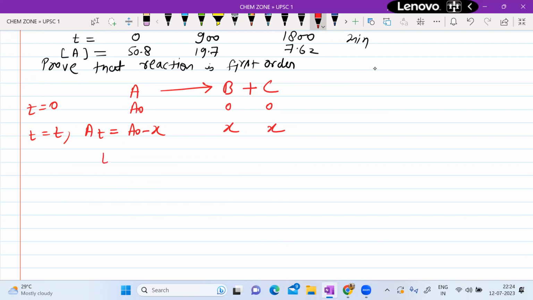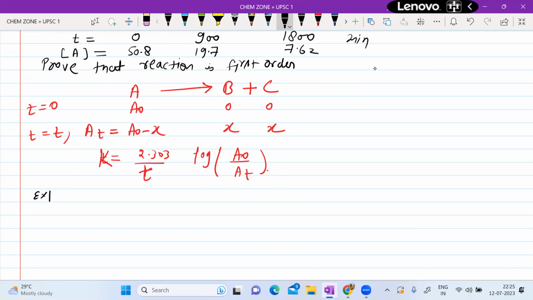Now, as we know, if the reaction follows first order kinetics, the value of the rate constant must be the same for each step. This is the equation used for the calculation of the rate constant of a first order reaction.